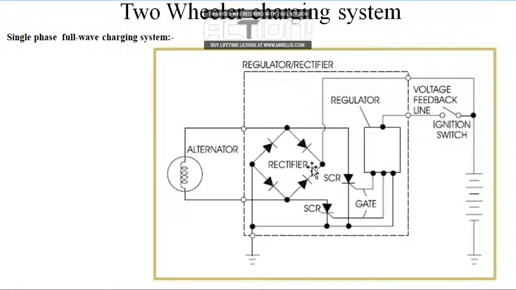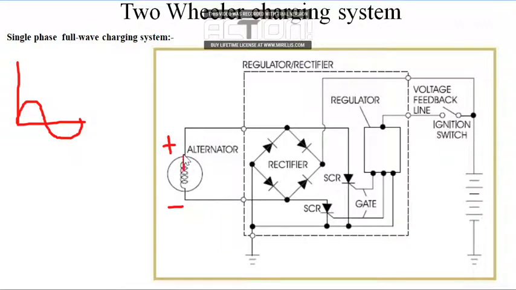So in this full wave system we are employing more diodes over here. Just imagine one cycle of a sinusoidal wave. Right now this is positive, this is negative, so there is a flow of current from positive to negative.